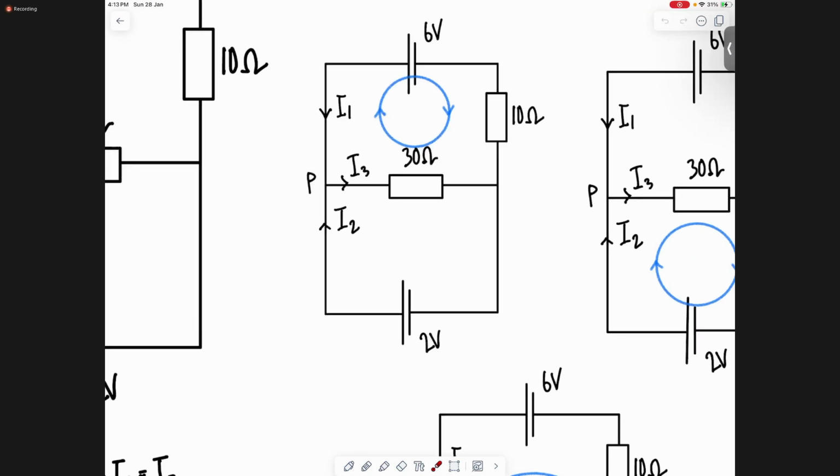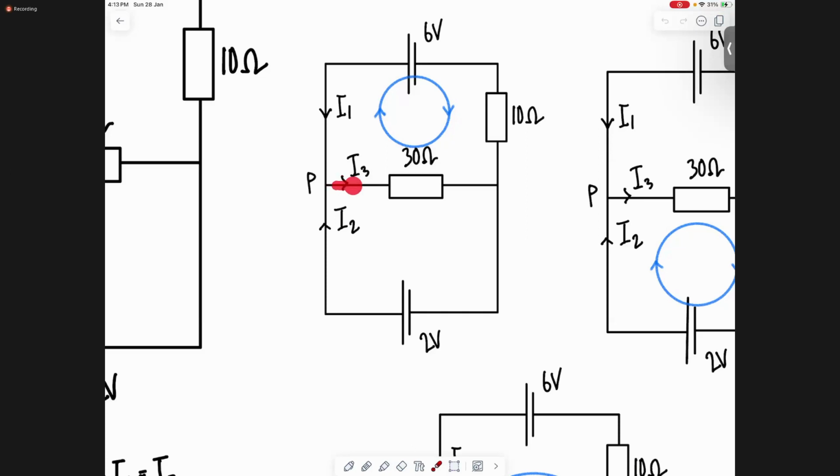If I use the smaller loop here, I'll find that there's a bit of an issue. What's the EMF in this loop? Can you tell me? 6, right? Because EMF is what feeds the circuit. And what are the potential differences here? The 30 and the 10. For PD the formula is V equals IR, right?